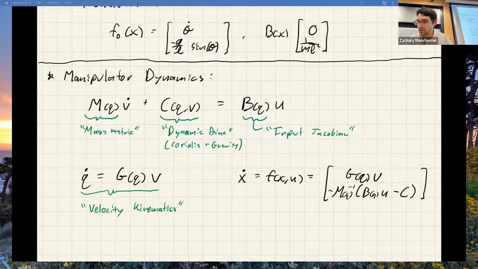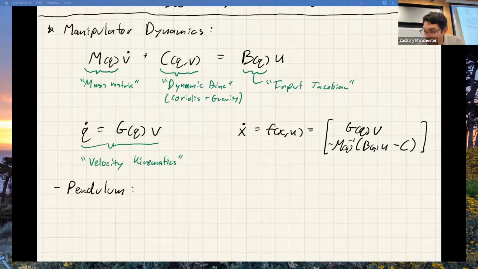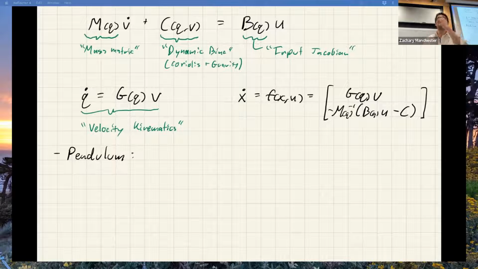Cool. Okay, so back to our trusty pendulum example. If I want to write out those manipulator blocks, the M of Q here for the pendulum is ML squared.